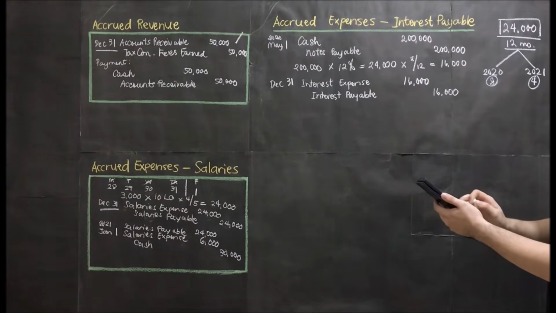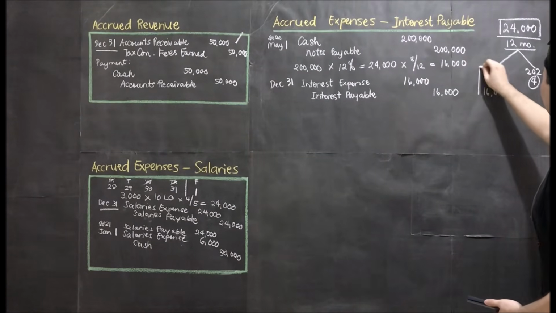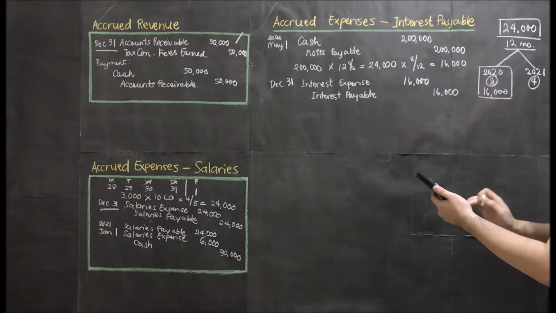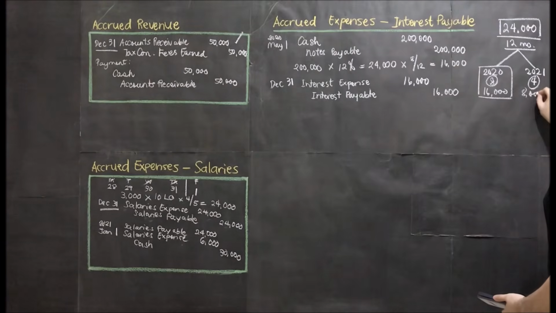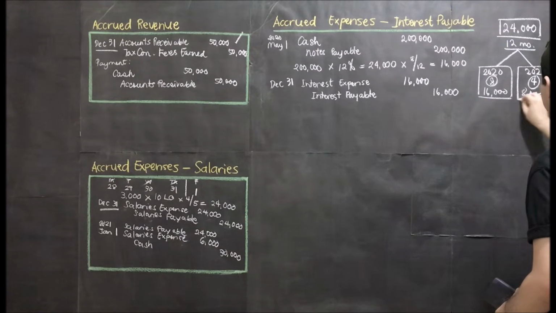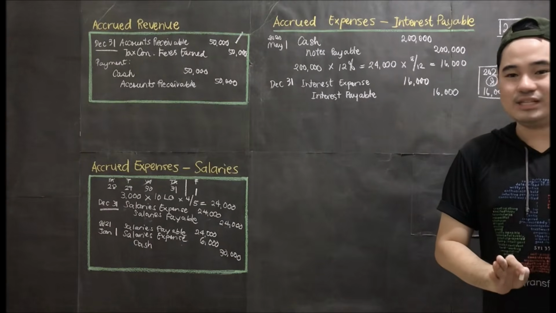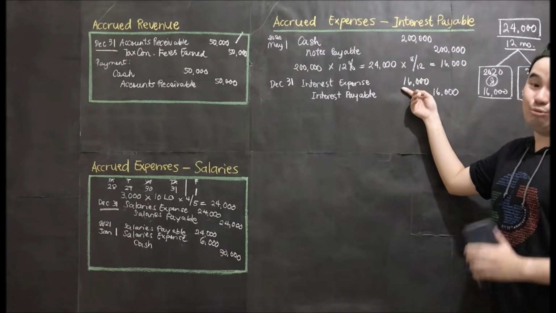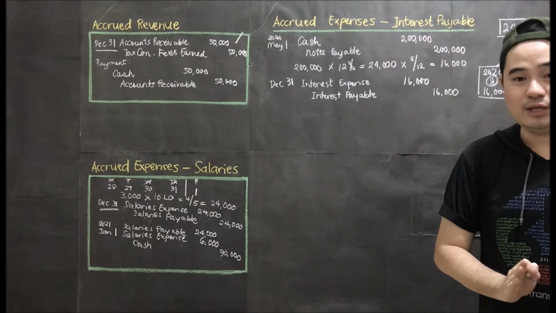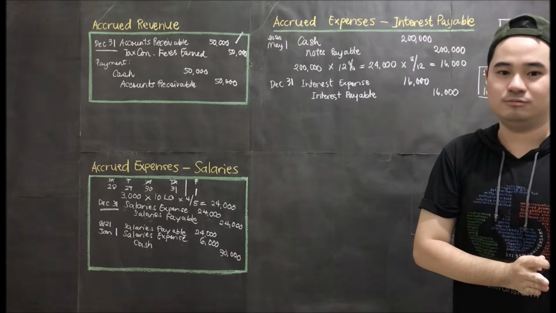So, 24,000 times 8 over 12, yun po yung 16,000 para sa 2020. Tapos, 24,000 times 4 over 12, yan naman po yung natitirang 8,000 na interest expense for 2021 pa. So, to properly relate the amount of interest for 2020, dapat 16,000 pa. Hindi pwede yung buong 24,000 sa 2020. Hindi rin pwede na yung buong 24,000 sa 2021. Kailangan i-split mo sa tamang time period.